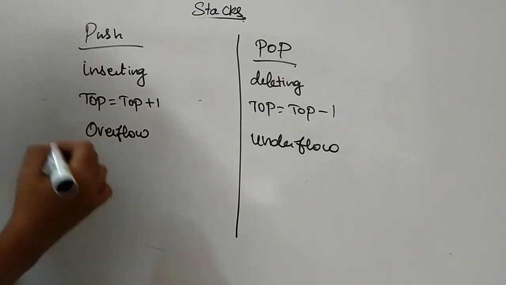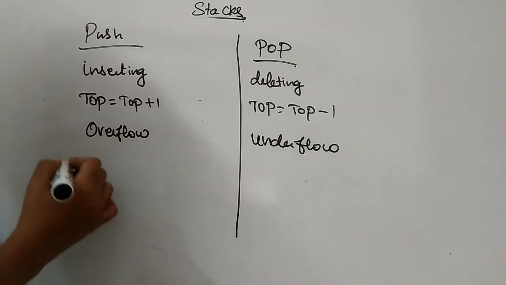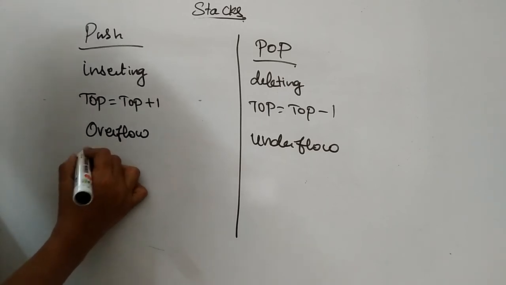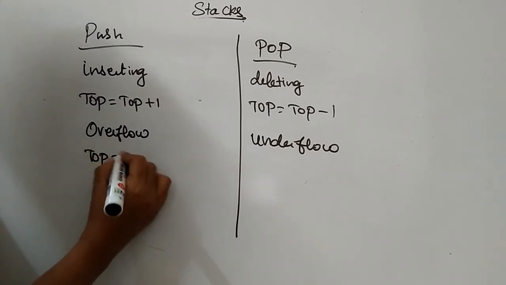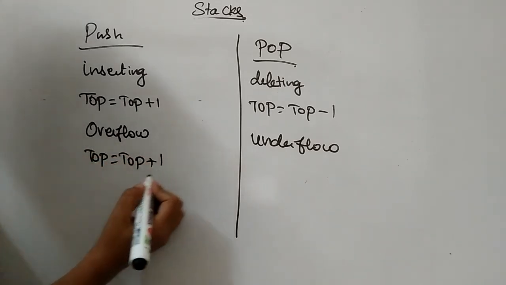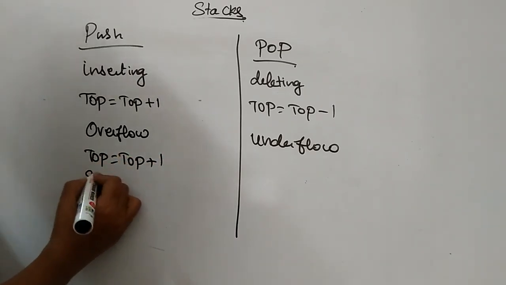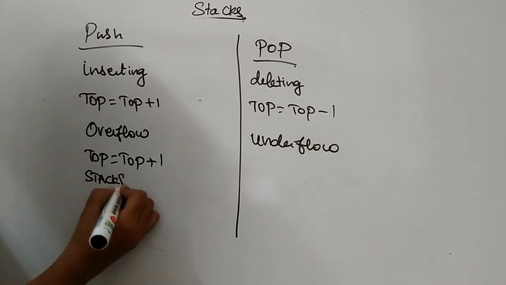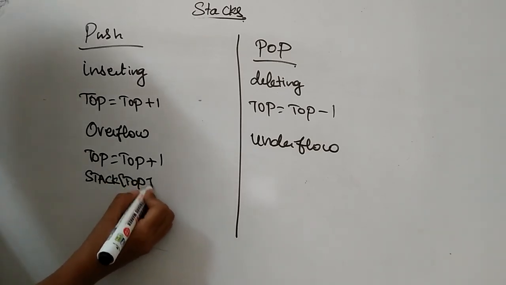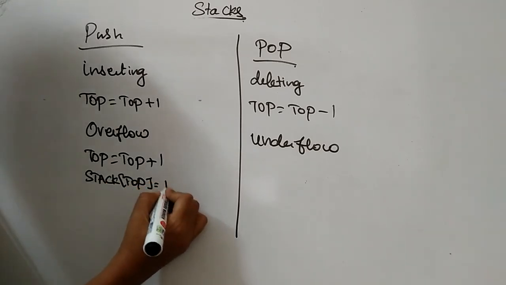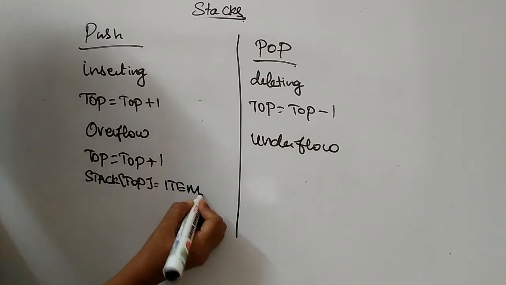And while pushing an element onto the stack, at first you will increment the top pointer as top is equal to top plus 1. Then you will assign stack of top is equal to item.